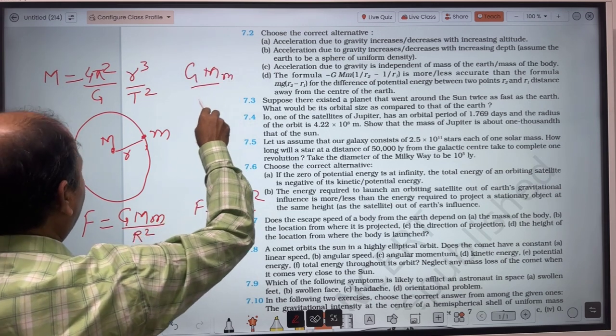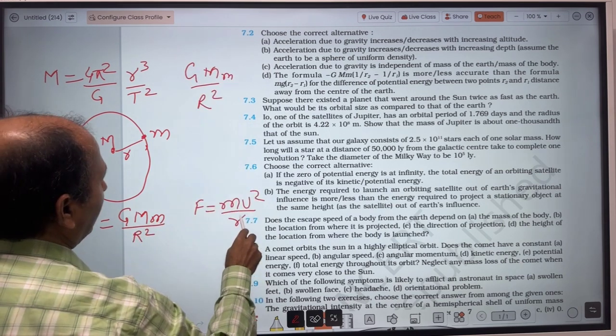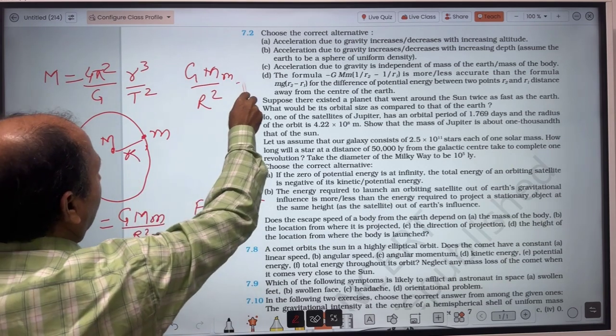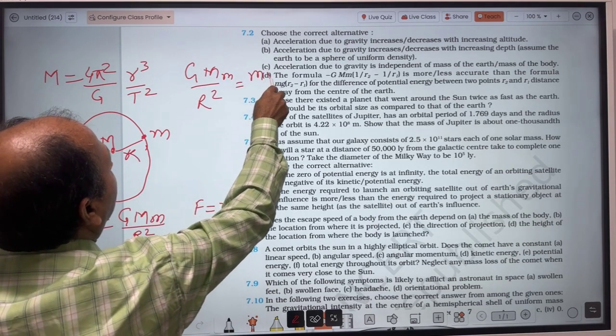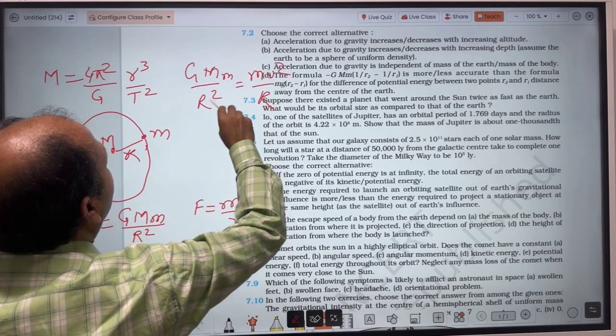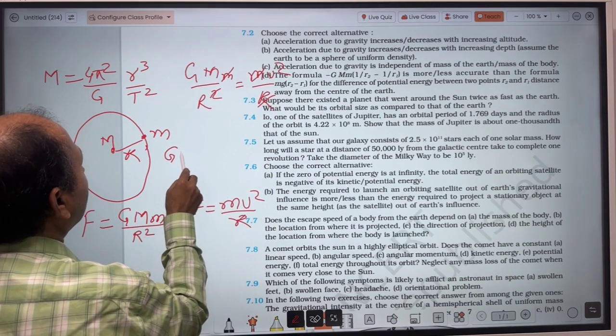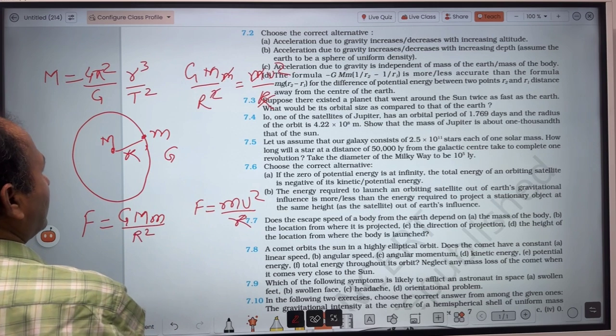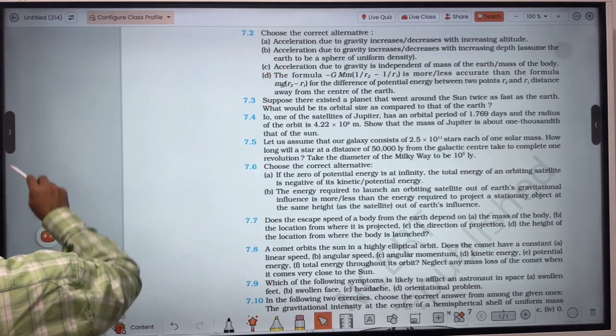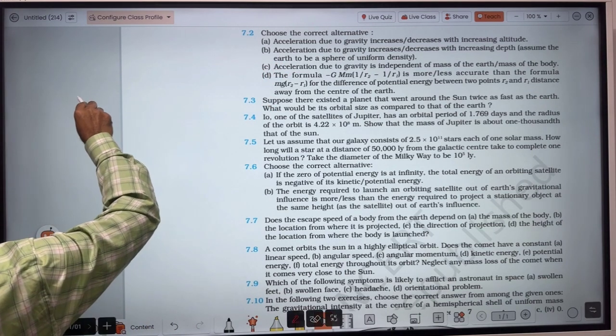G M m divided by R square equals m v square divided by R. One R will cancel out, one m will cancel out, so you will be left with G M. Let's write afresh, so it will become better for you.